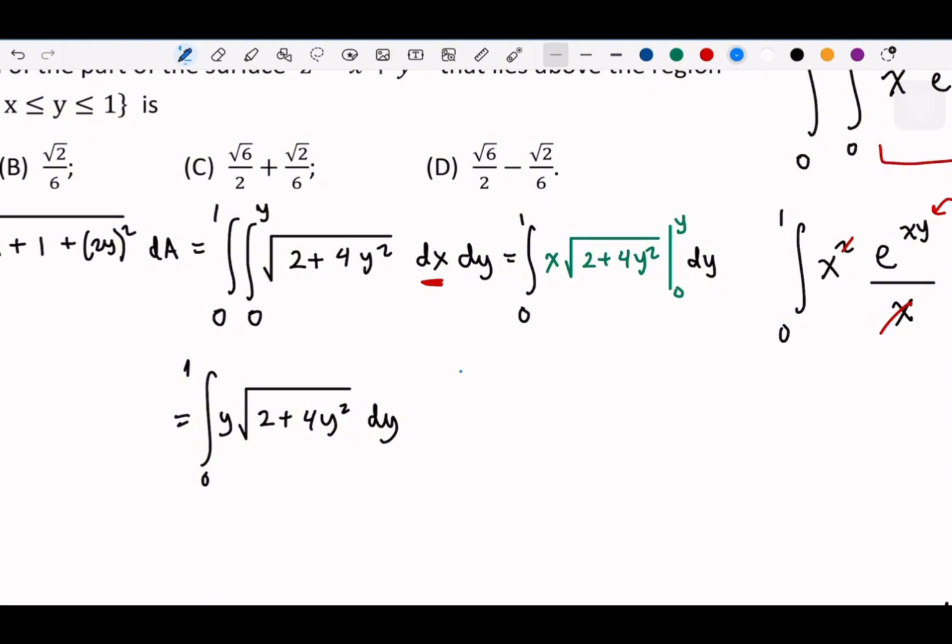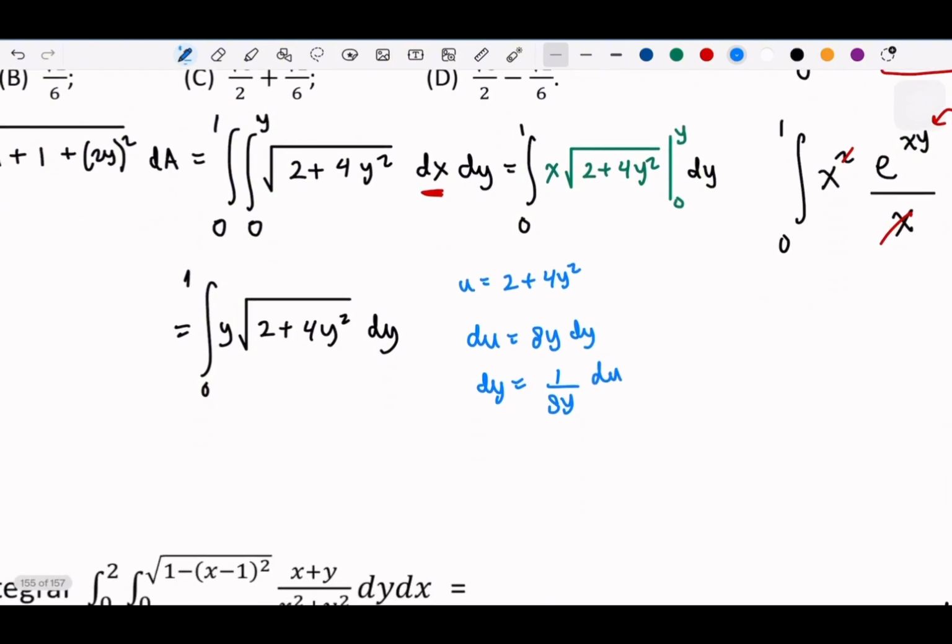I will take the u substitution. This is u equals 2 plus 4y squared. So du is 8y dy. So dy is 1 over 8y du.